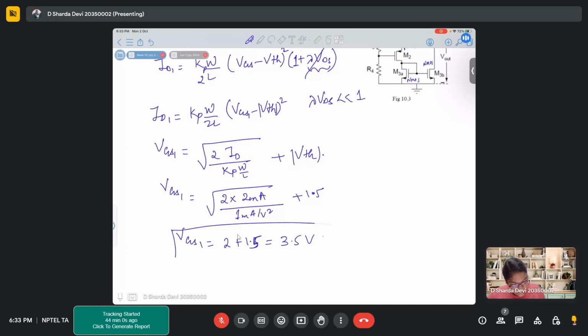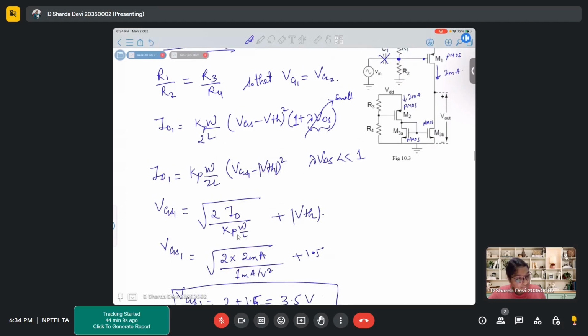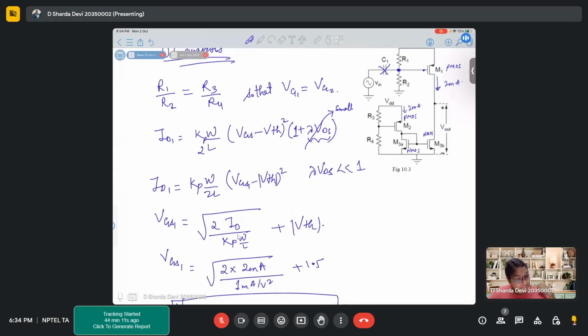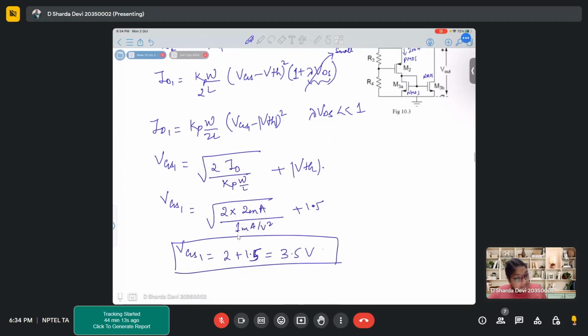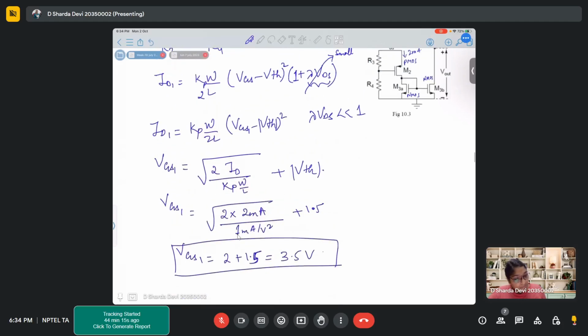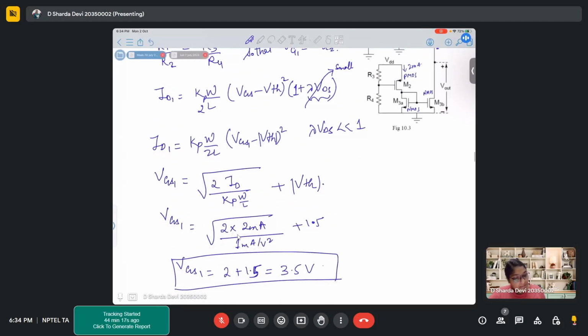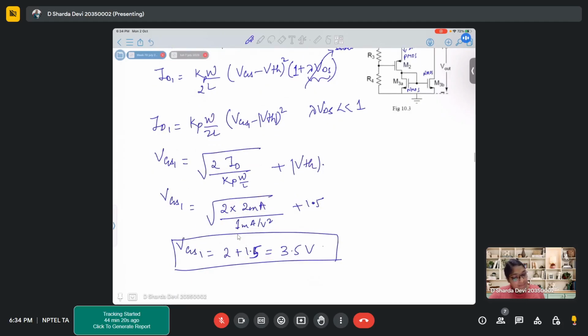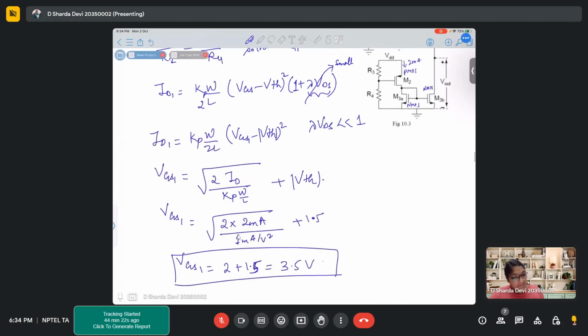So the gate voltage VGS1 is 3.5 volts. Now the same gate voltage should be applied to transistor M2 as well, so VGS2 is also 3.5 volts, right?